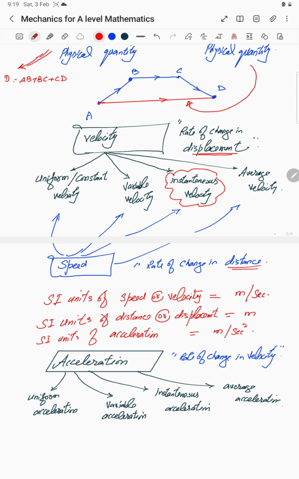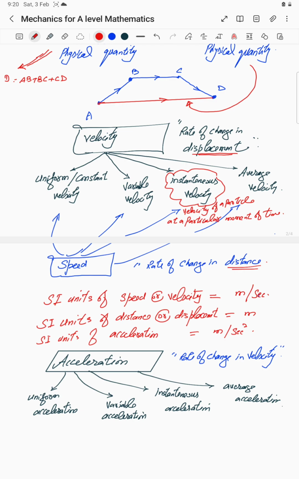Instantaneous velocity is defined as the velocity of a particle at a particular moment of time.